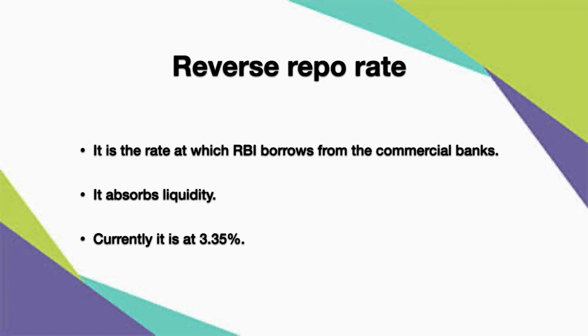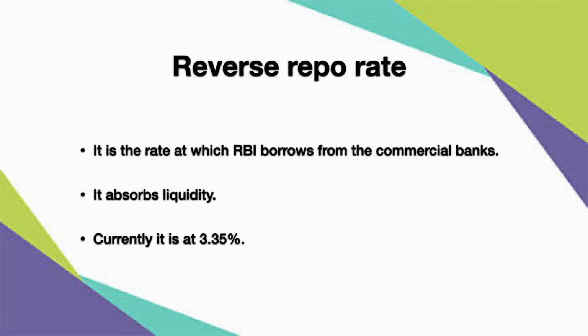Reverse repo rate. It is the rate at which RBI borrows from the commercial banks. It absorbs liquidity. Now we just saw repo rate is what? Injecting liquidity. That is, when a commercial bank borrows from RBI, the money flow in the economy is going to increase, right? Now the opposite here is, that's why it's called reverse repo rate.